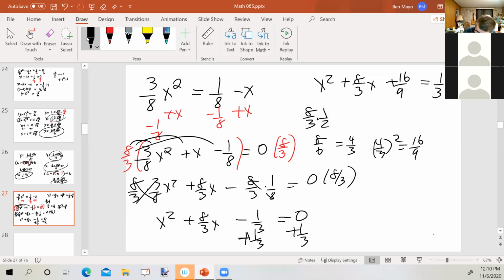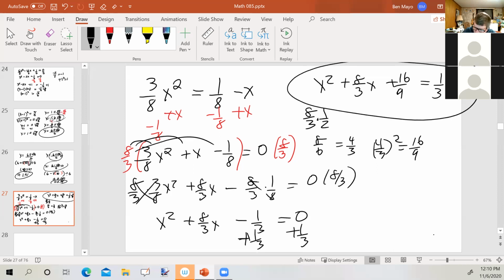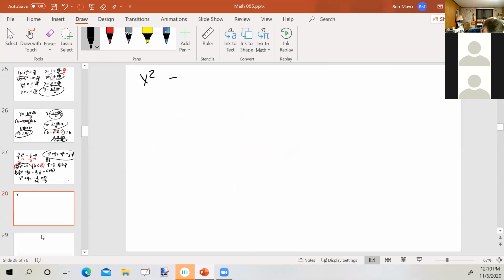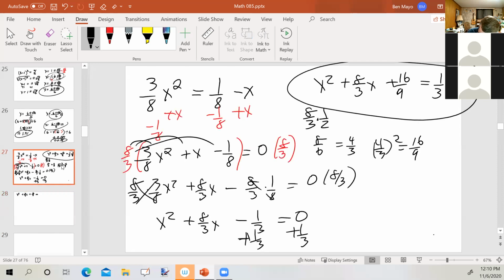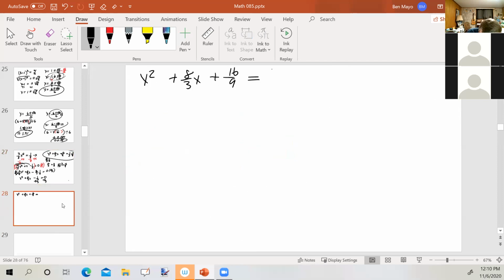I'm going to take all of this and recopy it on the next page. x squared plus 8/3 x plus 16/9 equals 1/3 plus 16/9.